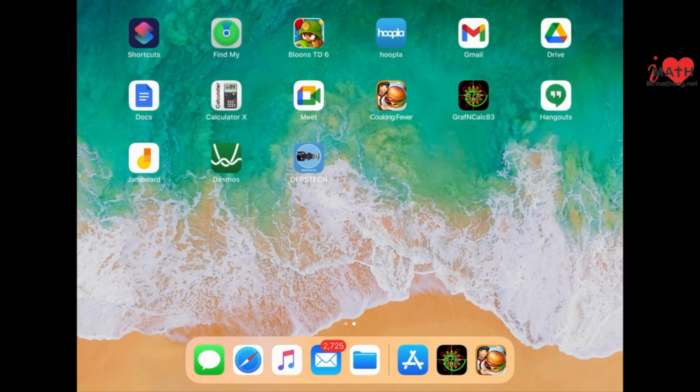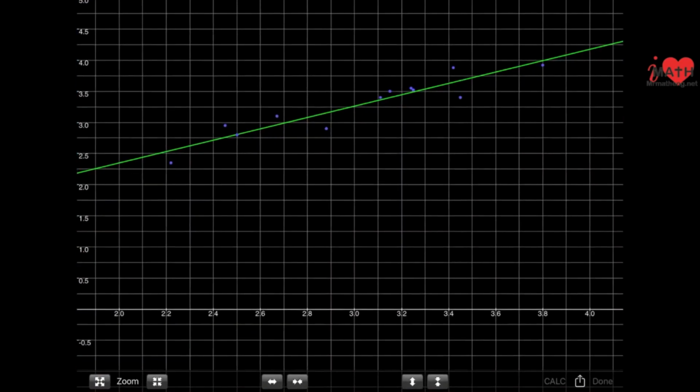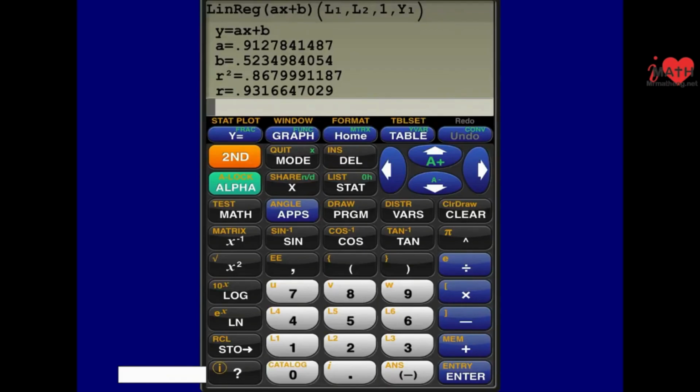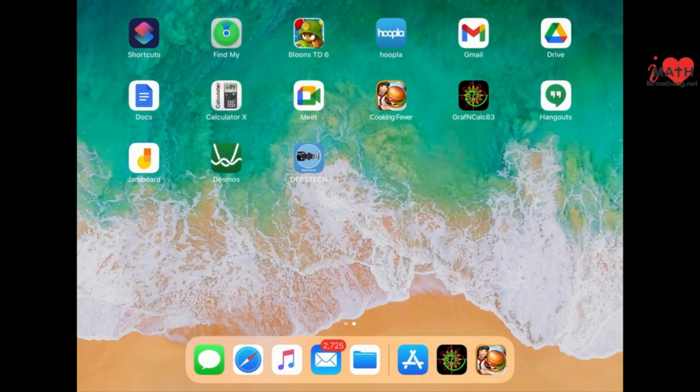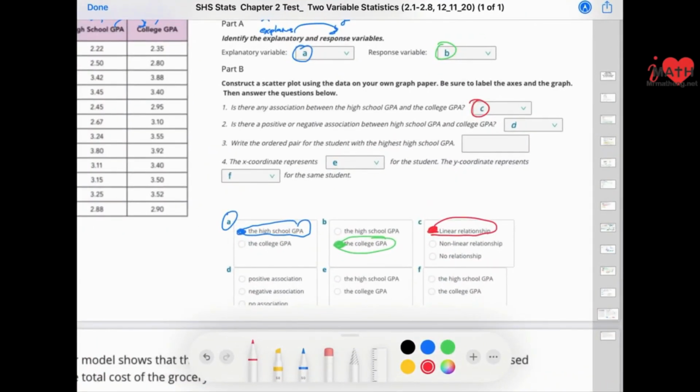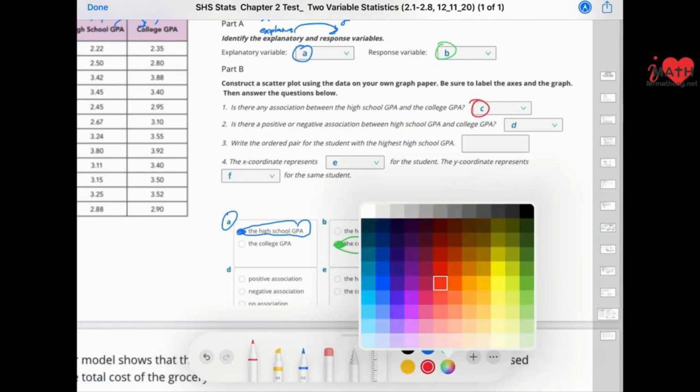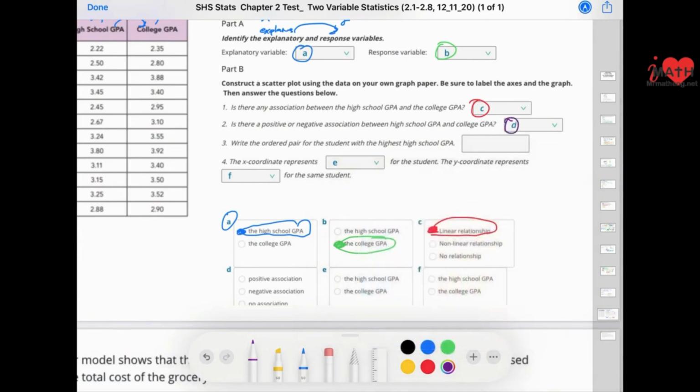Another way of double-checking that is our correlation was strong, and the coefficient of determination was also very strong, 0.86. So yes. D, is there a positive or negative association? So I'm going to say positive.